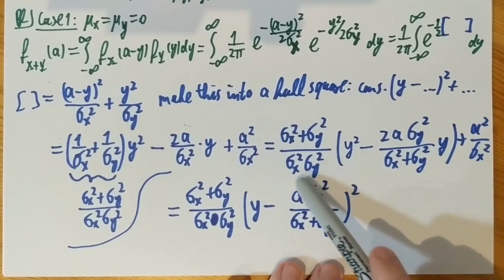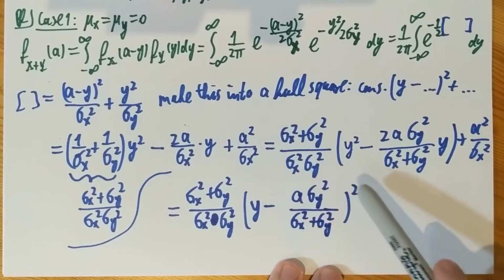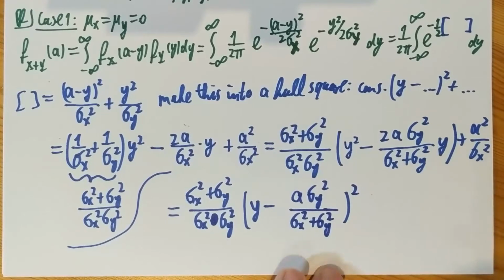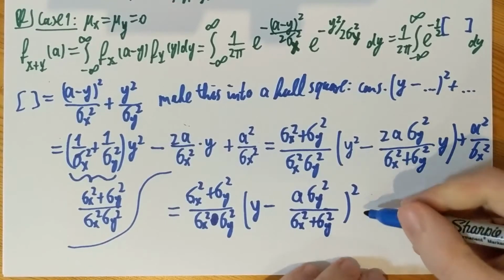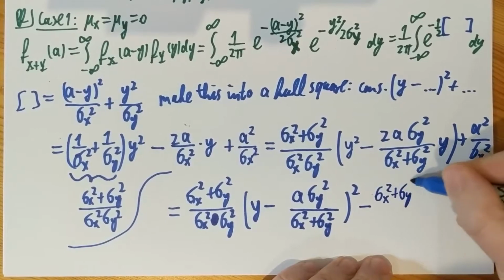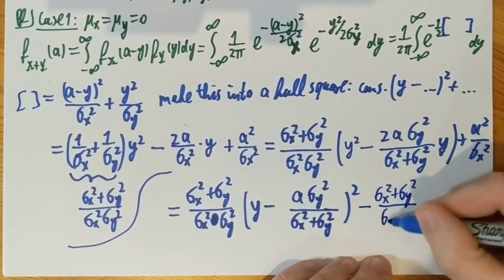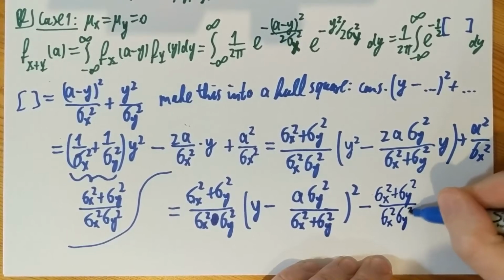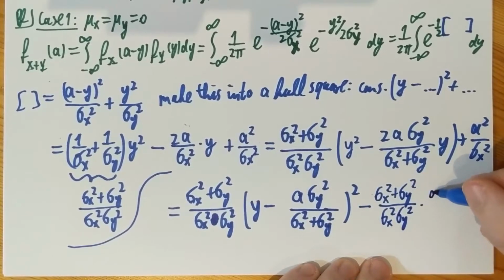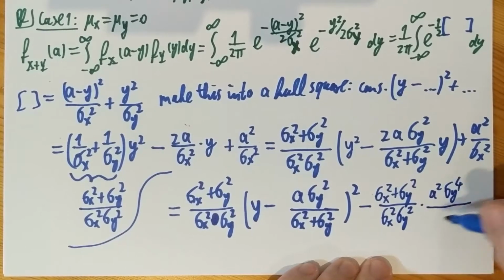However, I have an extra term when I square this constant here, which extra term I didn't have there. So I have to get rid of that by subtracting sigma x square plus sigma y square over sigma x square sigma y square times the square of all of that, which is a square sigma y to the 4 over the square of sigma x square plus sigma y square.